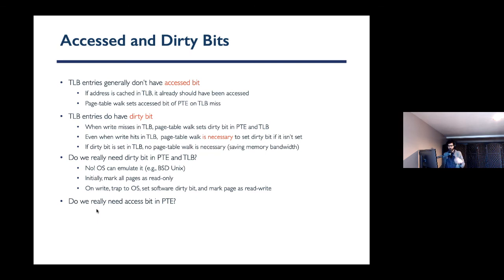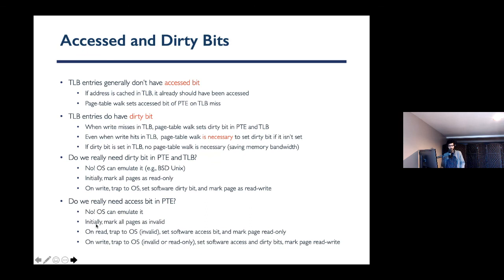Now, if we don't have that bit, we can simulate it. How? We just make all our pages invalid. So basically the same idea. Here we downgraded the access from read-write to read-only. Now we downgrade one step further and make everything invalid.